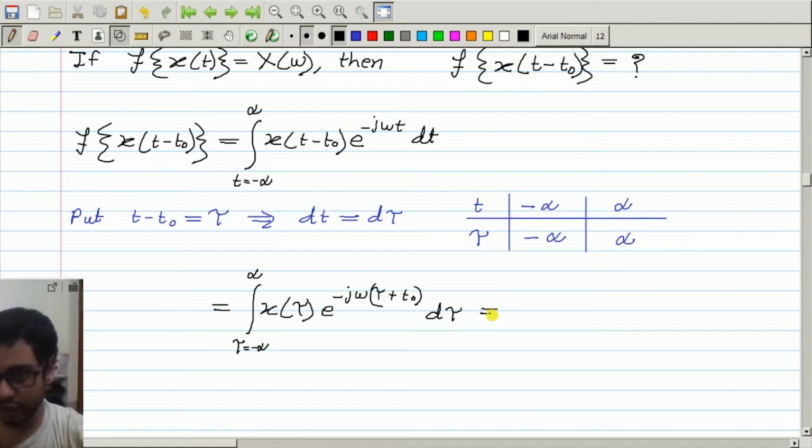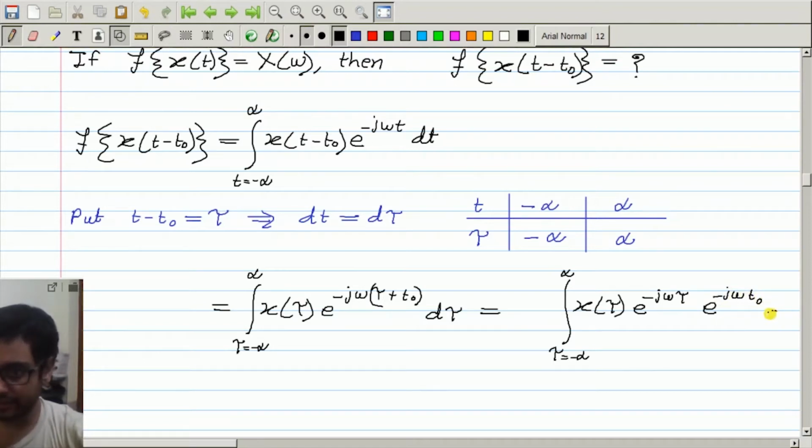Then this will be equal to integration over tau from minus infinity to plus infinity x of tau. Let me break this tau plus t naught as e to the power minus j omega tau multiplied with e to the power minus j omega t naught, and then d tau as it is.